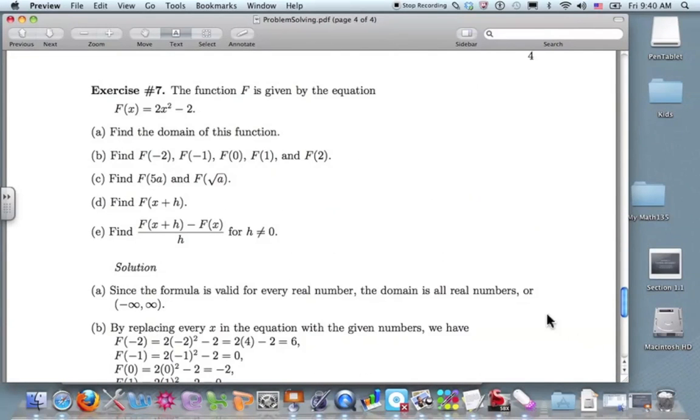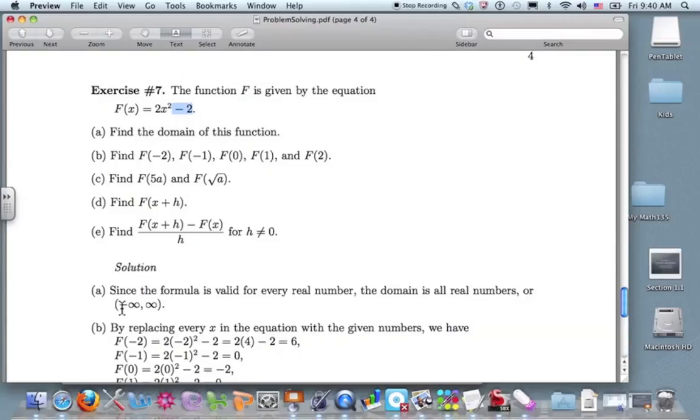Okay, and the last exercise question, we have a similar formula, f of x equals 2x squared minus 2. This is actually simpler than example 4. First we want to find the domain of this function, and notice that for a polynomial, it makes sense for any of the x values.